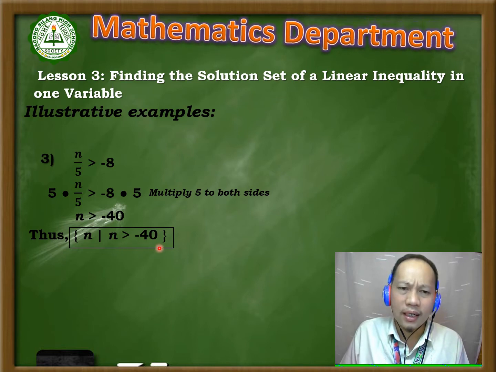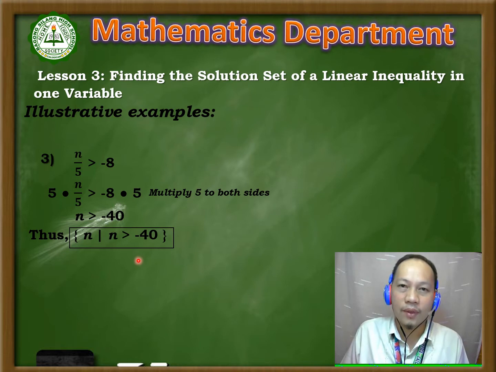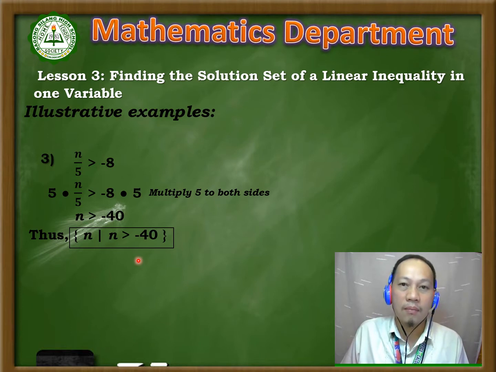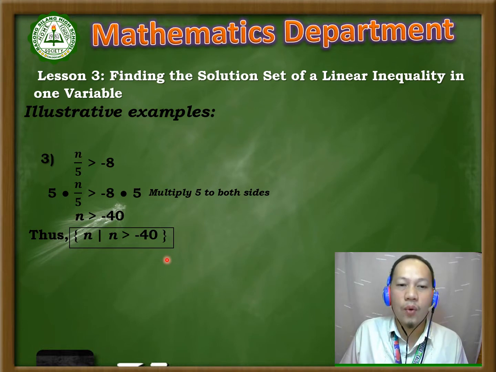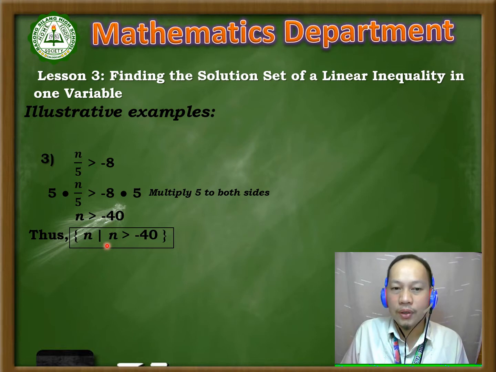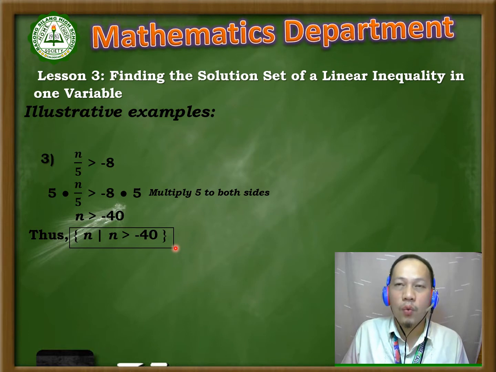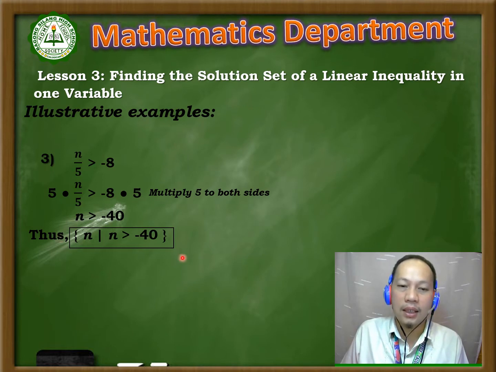And what are the numbers greater than negative 40? Like negative 39, negative 38, negative 37, positive 1, 0. Those are solutions of this inequality. And what are those that are not solutions of this inequality? Those will be numbers on the left side of negative 40, like negative 41, negative 42. Those are not solutions of this inequality.